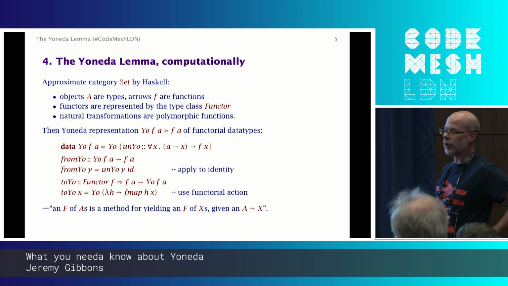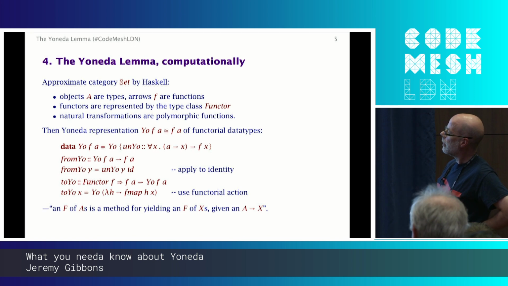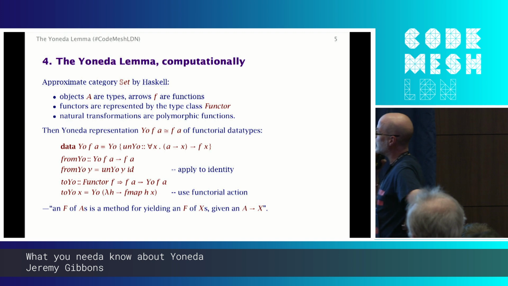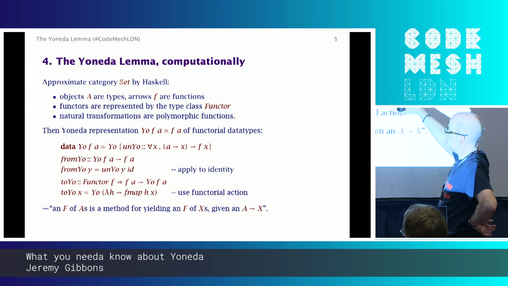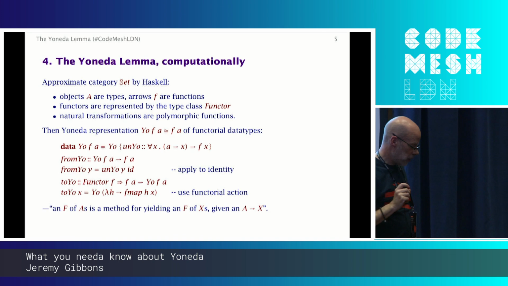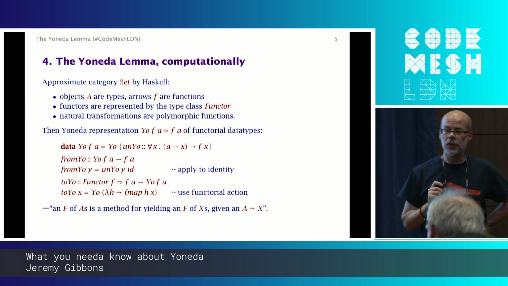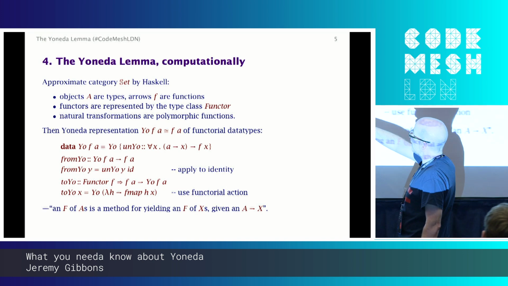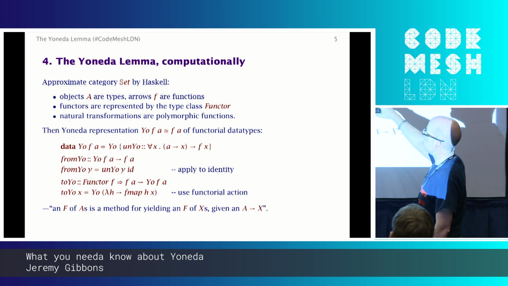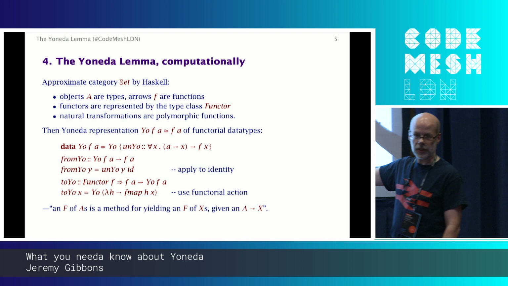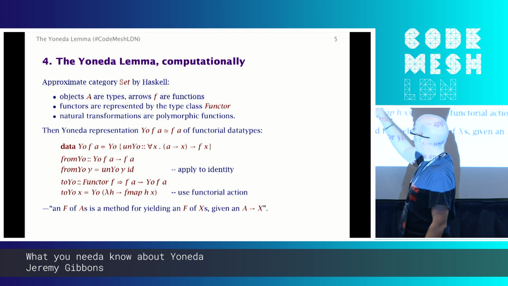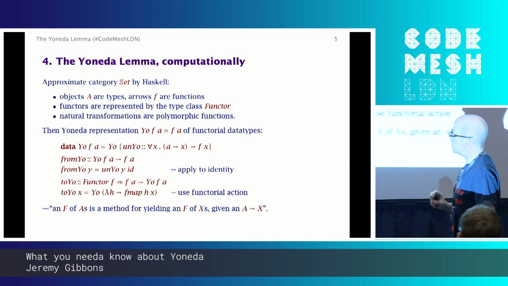The slides will be online later. So this is a computational reading of the Yoneda Lemma, if you like. And this general pattern is there in all instances of the Yoneda Lemma. In one direction, you apply your thing to the identity thing, and you can see that's exactly what the Haskell program is doing. It's unwrapping the record to get its field and then applying it to the identity thing.